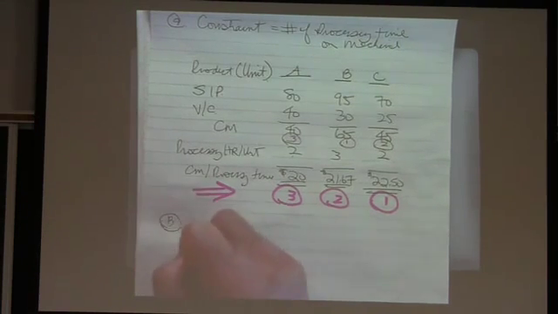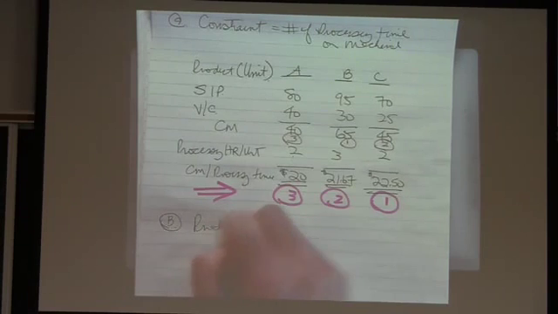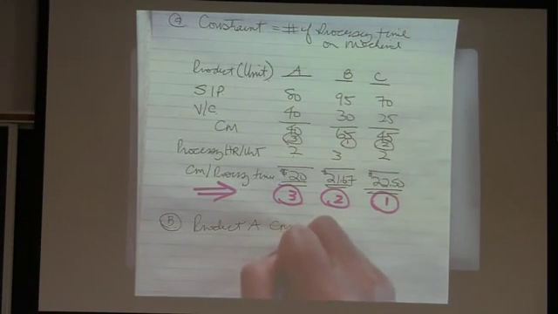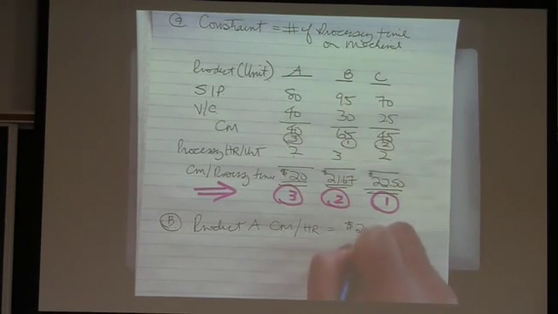Now, product A's contribution margin per constraint resource is $20.